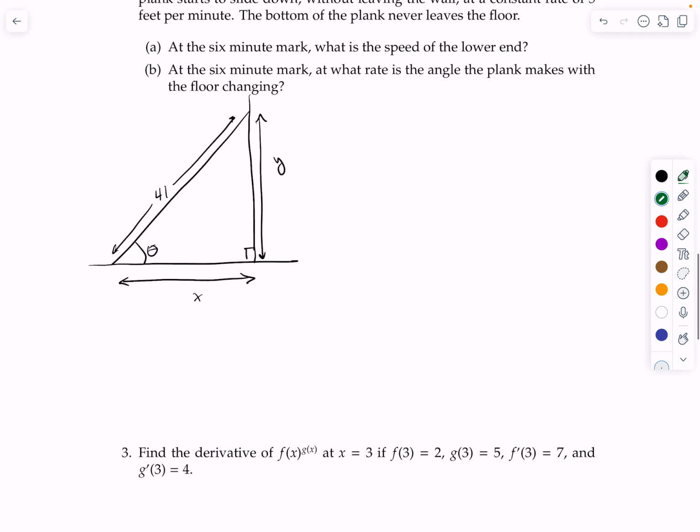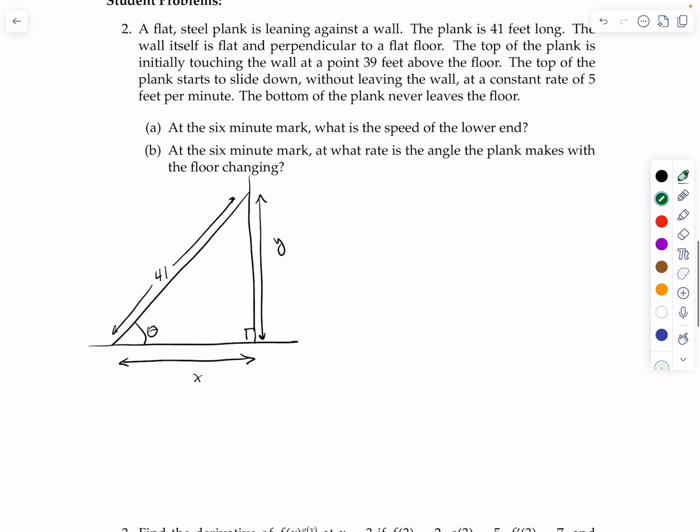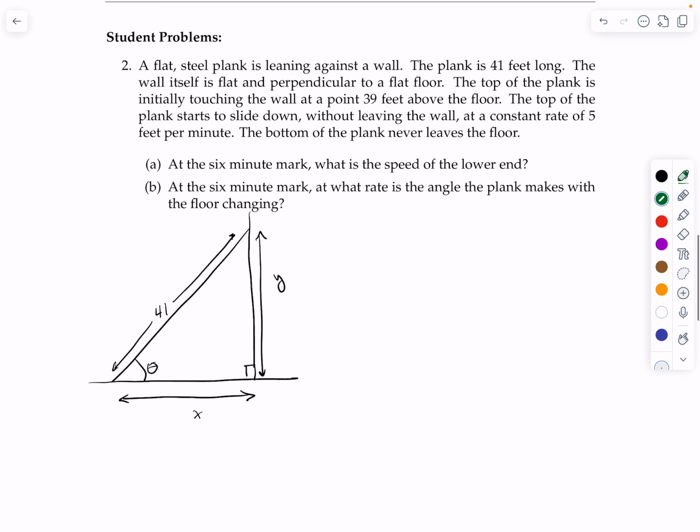Okay, so what is happening here? This thing is moving down, did it say? Top of the plank is initially touching the wall, 39 feet above the floor. Top of the plank starts to slide down at a rate of 5 feet per minute.